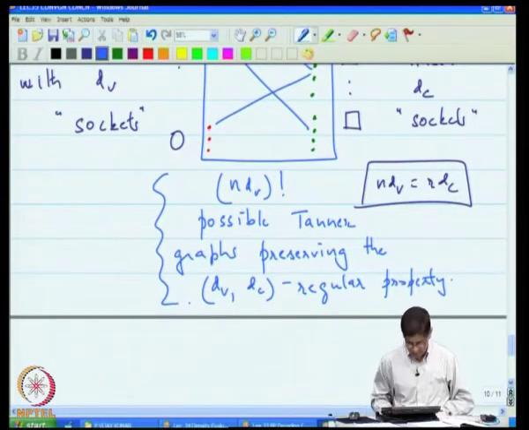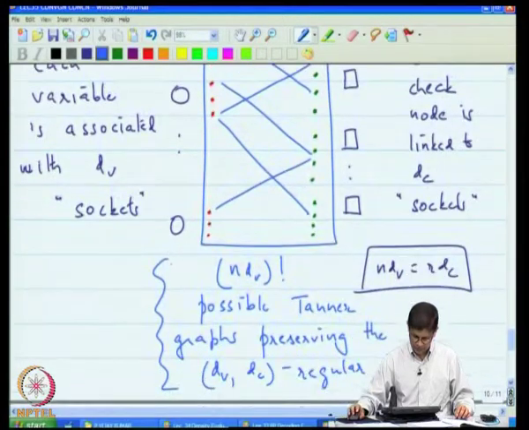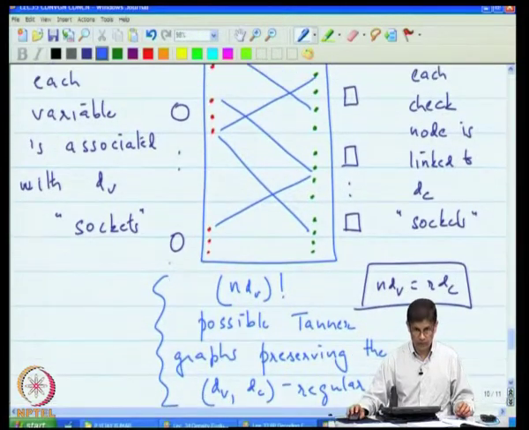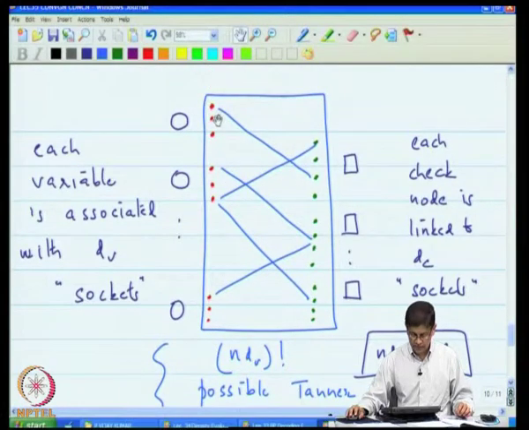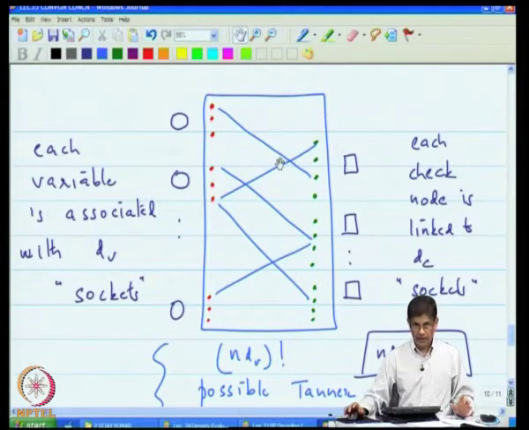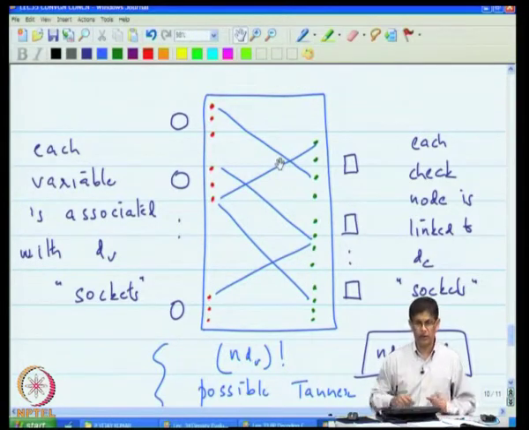Now, there is one issue that might cause you to think a little bit, namely that look, if I am drawing these connections at random, isn't it possible that I will draw connections from the same variable node to the same check node and I will have more than one. Okay. Now, that can happen, but it turns out to be not terribly important.